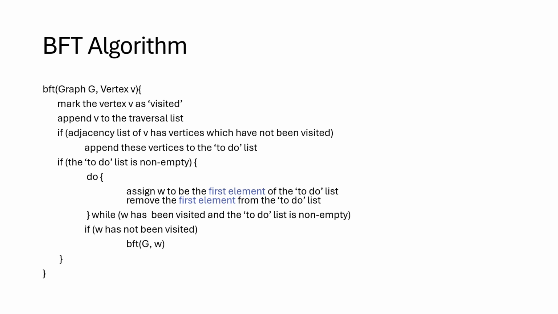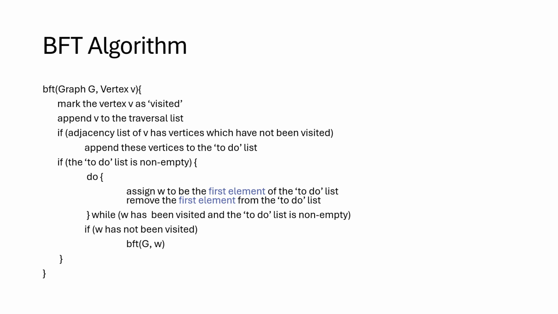Okay, so the to-do list was also initially empty. Now here what we do is that after visiting V, we look at all its adjacency list and all the vertices there that are new, that have not been visited before, are added to the to-do list to be visited later.